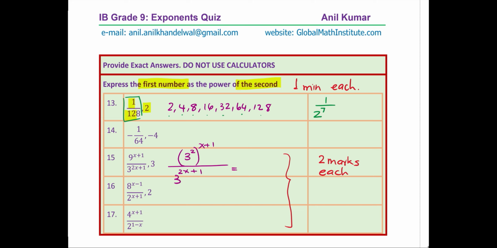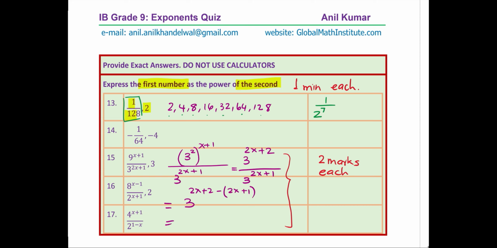Now the numerator, multiply each with 2, will give you 3 to the power of 2x plus 2 divided by 3 to the power of 2x plus 1. Correct? Now that is very simple to do. You can now write this as 3 to the power of 2x plus 2, take away, put this in brackets, 2x plus 1.